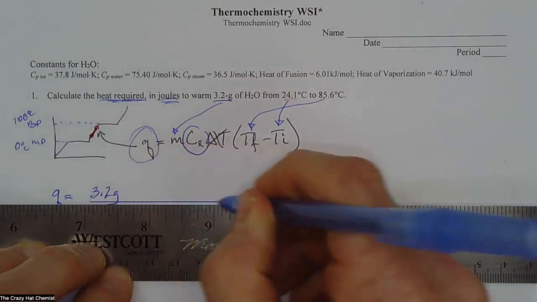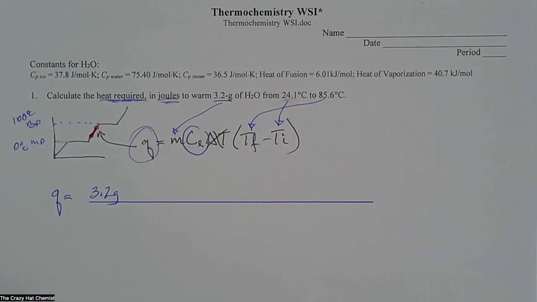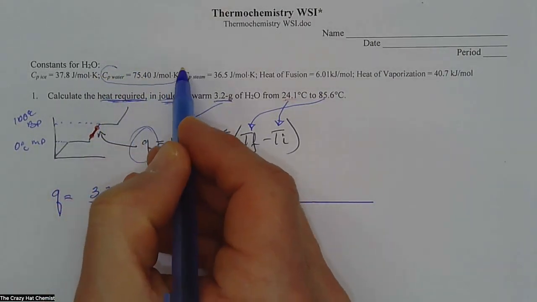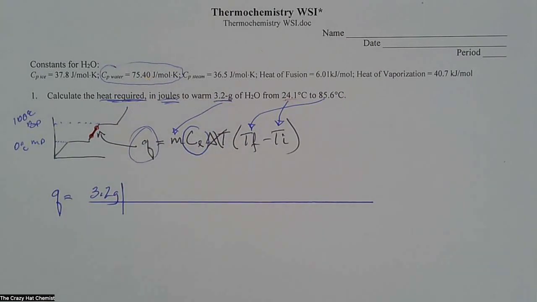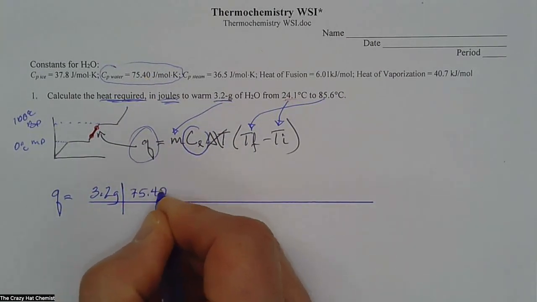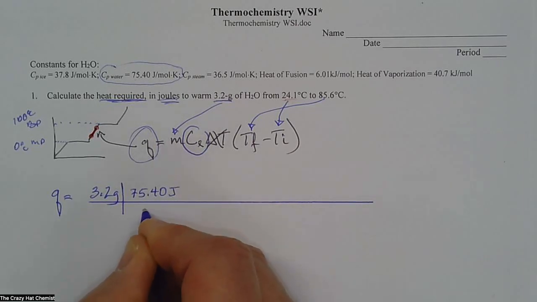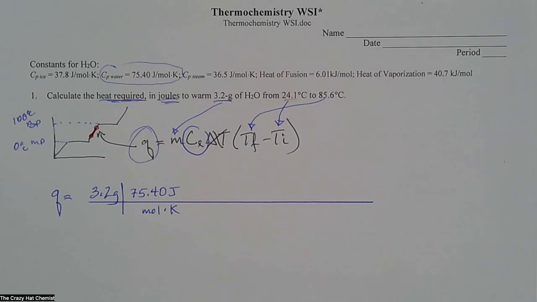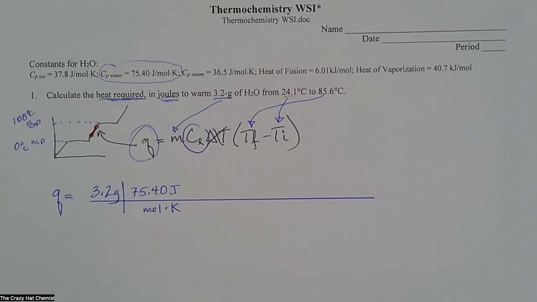We're going to just draw a line there, make it look nice and pretty. Okay, and the constant that we're using is right here, the specific heat capacity for water. And that's 75.40 joules per mole Kelvin. Okay, all right, fantastic. That's looking pretty good.